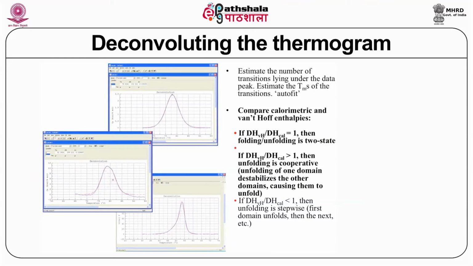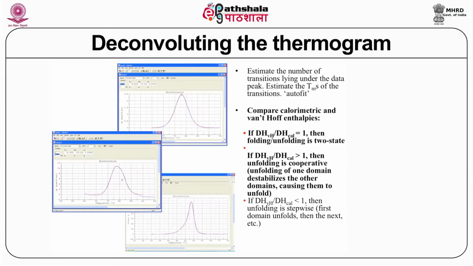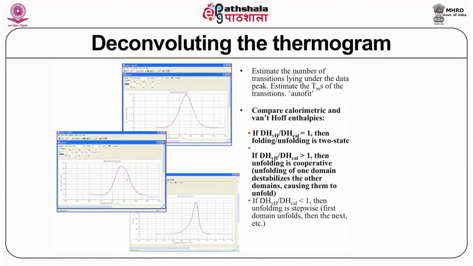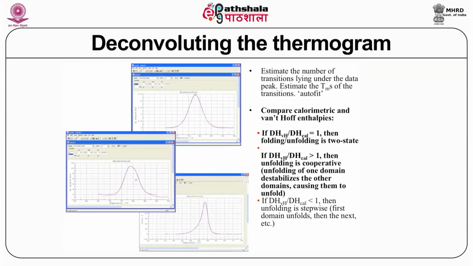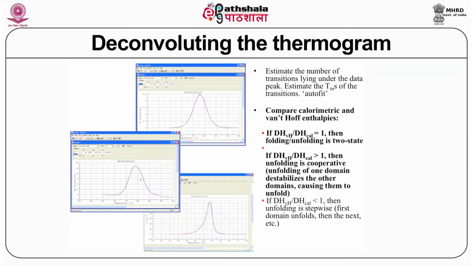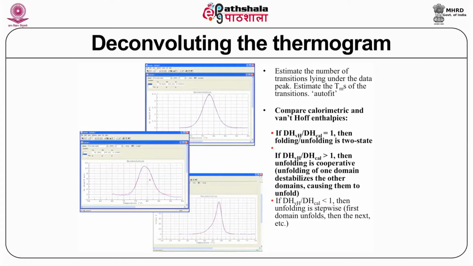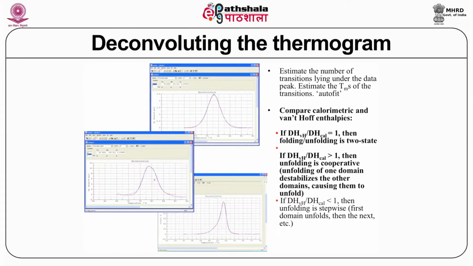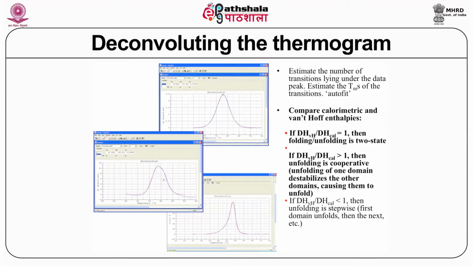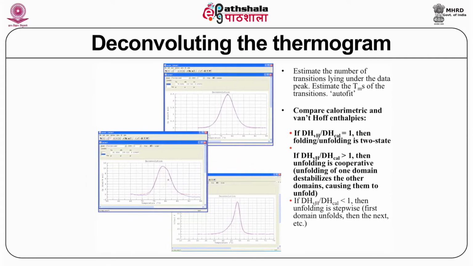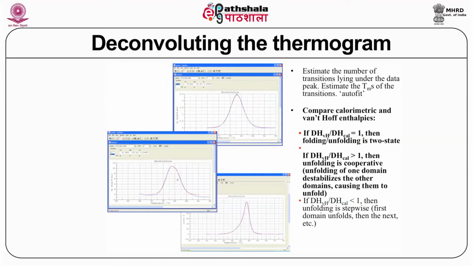There, what you do is compare the van 't Hoff enthalpy change to the calorimetric enthalpy change. If they are equal, then it tells you that folding to unfolding is a two-state phenomenon. But if the ratio is greater than 1, then it will tell you that unfolding is cooperative. That means unfolding of one domain destabilizes the other domains, and therefore causes them to unfold.